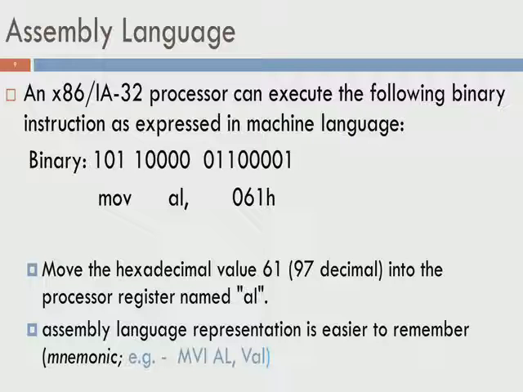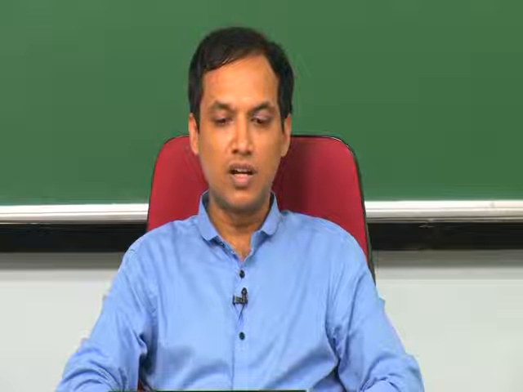So AL is a register which is an internal memory inside the CPU. The meaning of this instruction is move number 61 in hexadecimal to AL, and this is something that you and I may not even understand if we are just given the binary bits. However, for the CPU everything is translated into these bits.